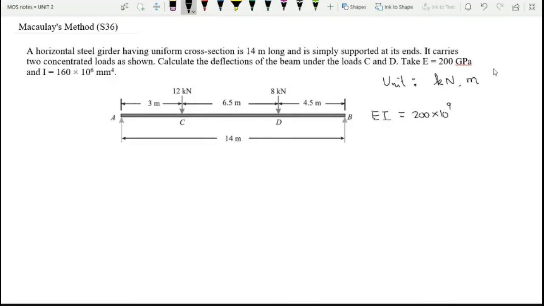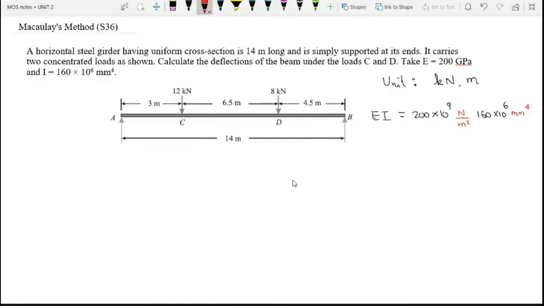Pascal is Newton per meter square, so your unit is Newton per meter square. Just for reference, I am writing Newton per meter square. Next, the I value. I is 160 into 10 power 6, and this is in mm power 4.